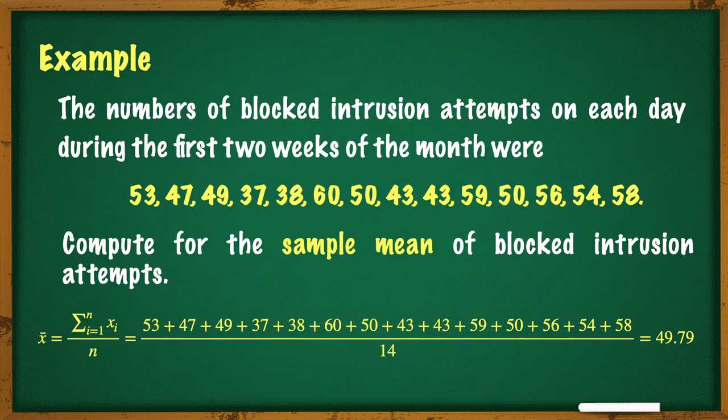Adding all the numbers of block intrusion attempts divided by the total number of observations, which is 14, we get 49.79, which means that on the average, the number of block intrusion attempts for the first 2 weeks of the month is 49.79.